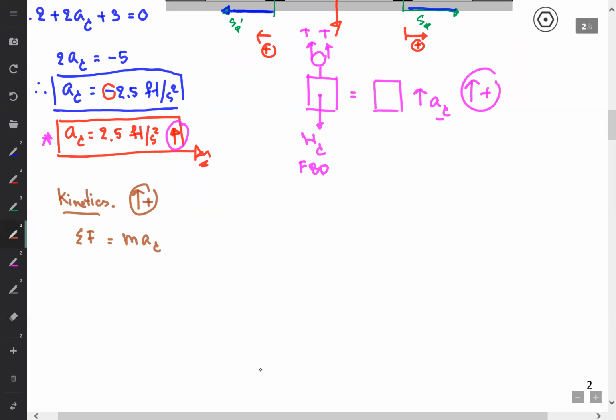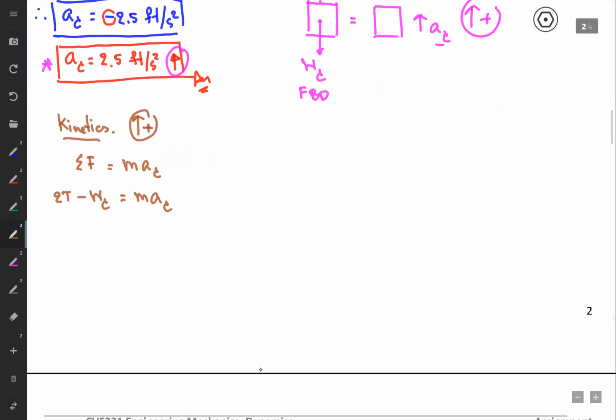Going up is positive, so 2T is positive, minus WC. Going down should be negative, equal to MAC, which goes up.